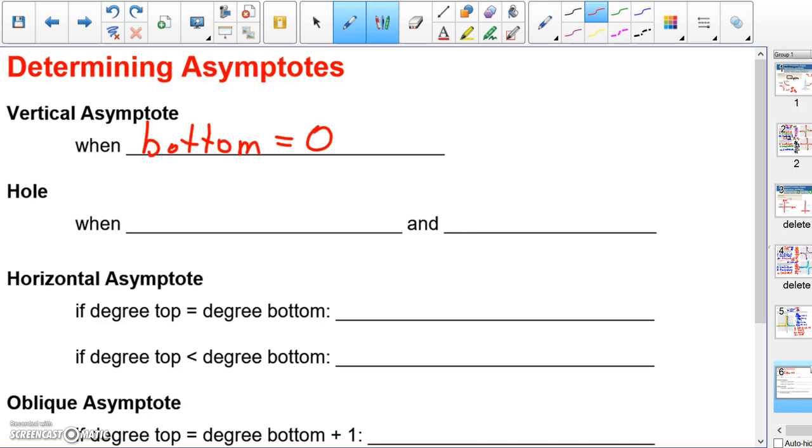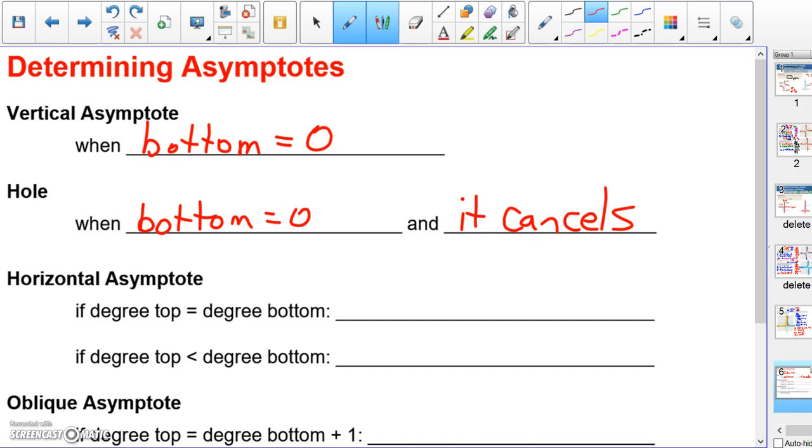There will be a hole when the bottom equals 0 and it cancels. You're going to have to do a little bit of factoring and maybe a little canceling to figure out where there's vertical asymptotes and holes.